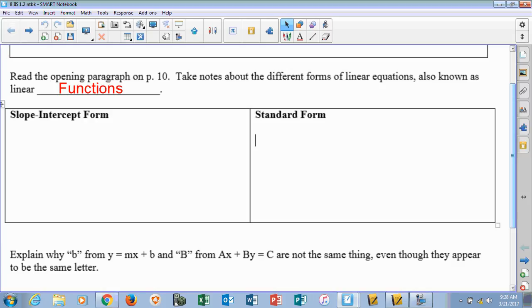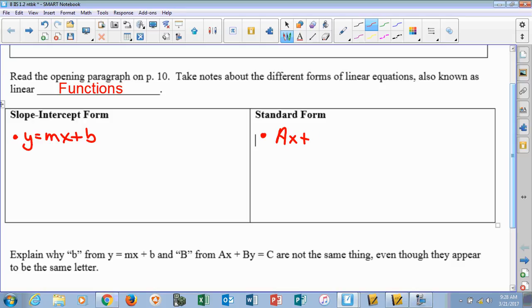All right, well, in slope-intercept form, the main idea is y equals mx plus b. And in standard form, it's a different equation, ax plus by equals c. So those are the two forms, standard form and slope-intercept form.